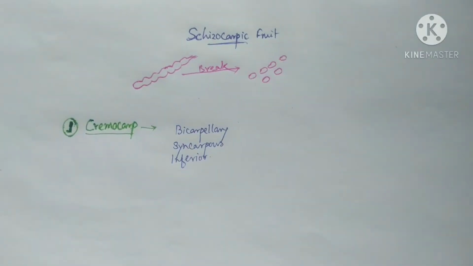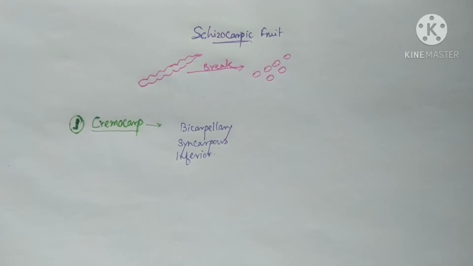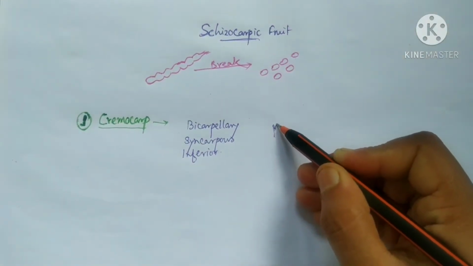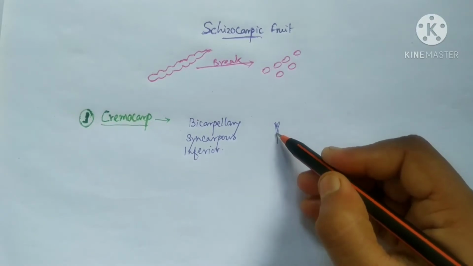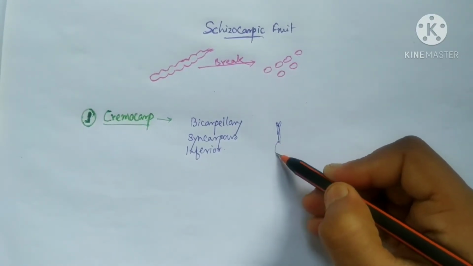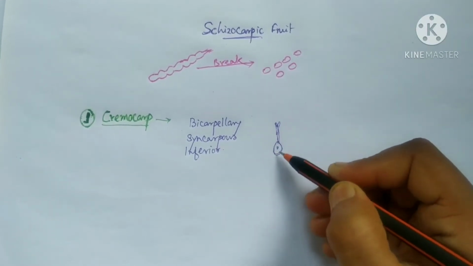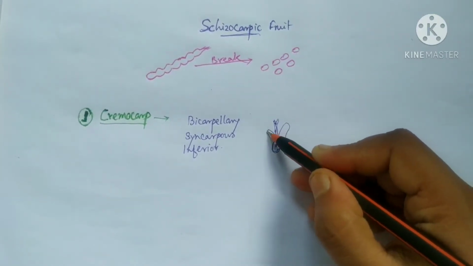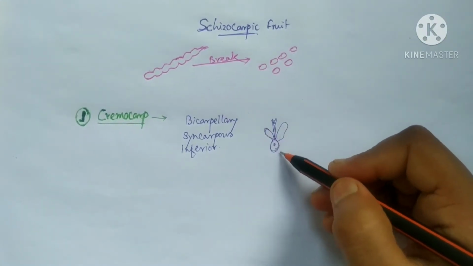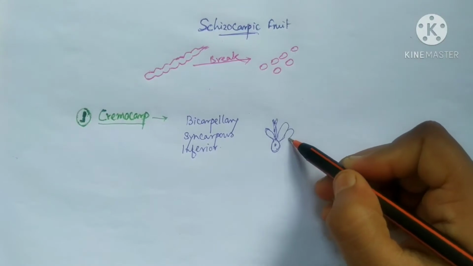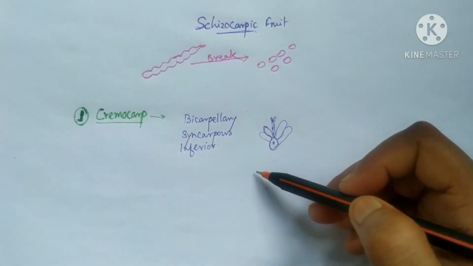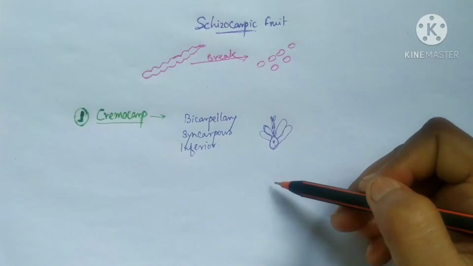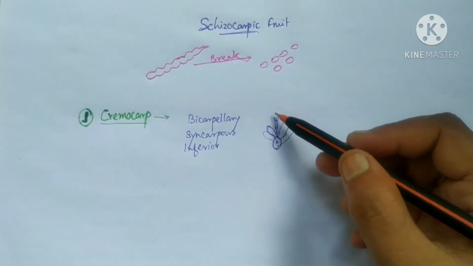Bicarpellary means two carpels are present, syncarpous means both are fused, and the ovary is inferior, not superior in position, meaning the ovary is present in the lower portion of the other accessory floral parts. So cremocarp contains this type of ovary.